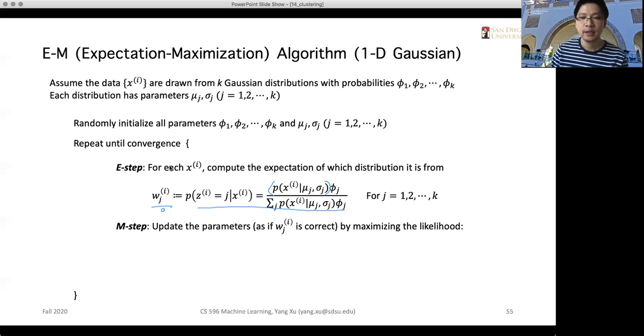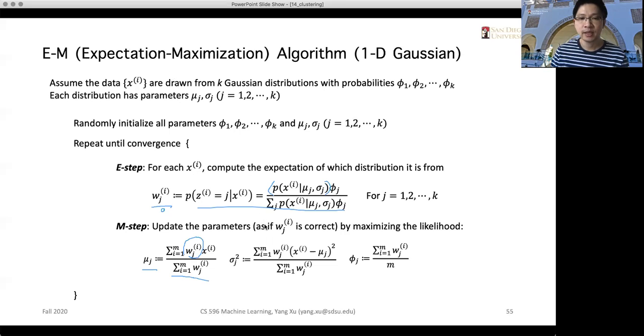And next comes the M step. The M step will need to use the expectations, the W's computed in the previous E step, to update the parameters by maximizing the likelihood. So the new mu's will be the weighted summation of all the data points, weighted by the W of J, normalized by the summation of all W of J's.